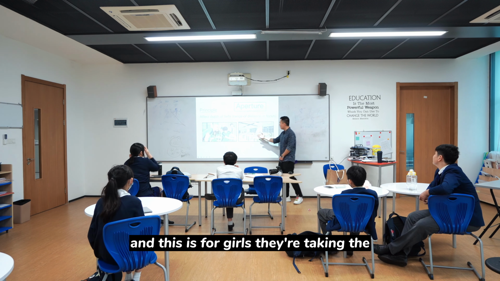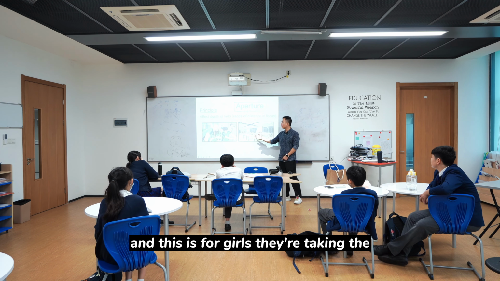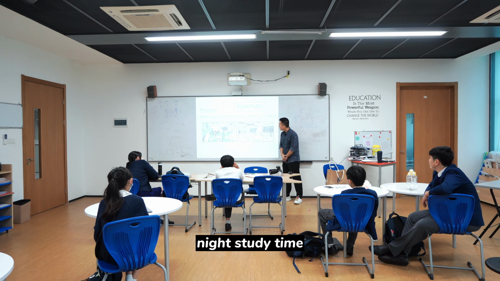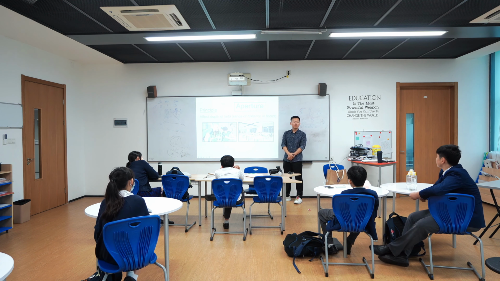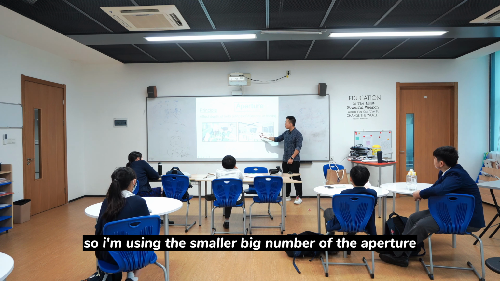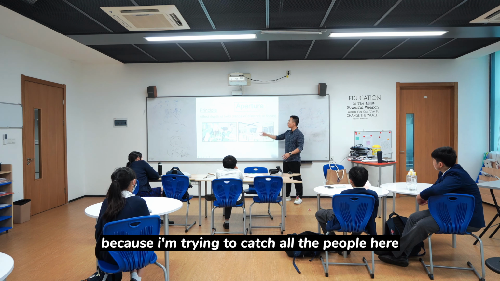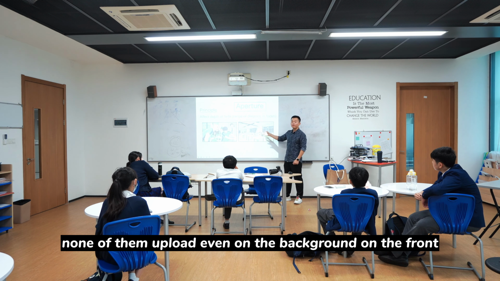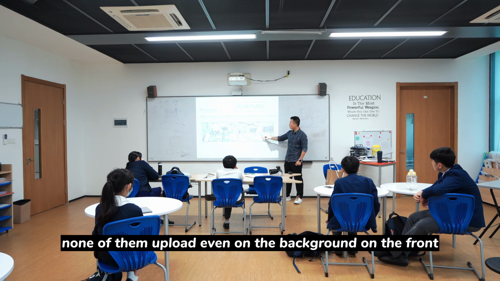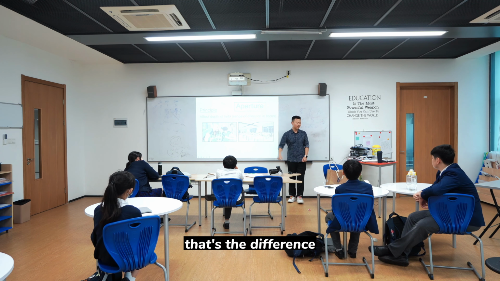And this is the girls during night study time. I'm using the smaller aperture because I'm trying to catch all the people here. So you see, none of them are blurred, even in the background and the front. That's the difference.